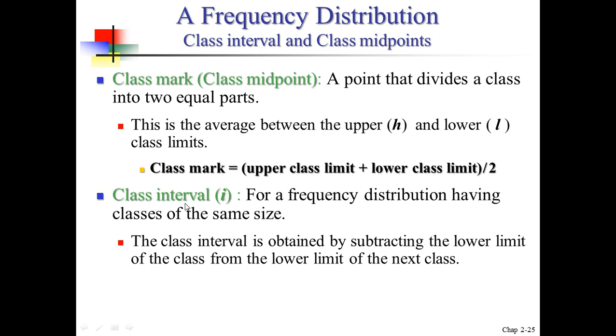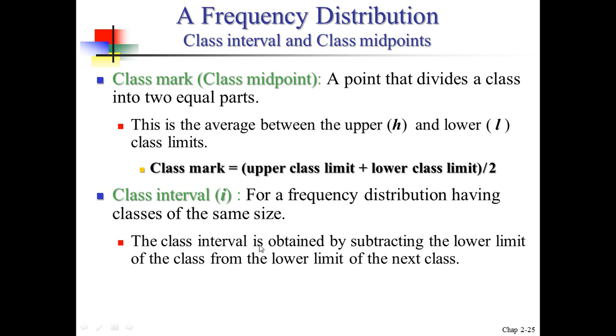Suppose that again the table is given to you, or the table is already done for you. You have the table right now. How to find class interval? For a frequency distribution having classes of the same size, every class has the same size here.